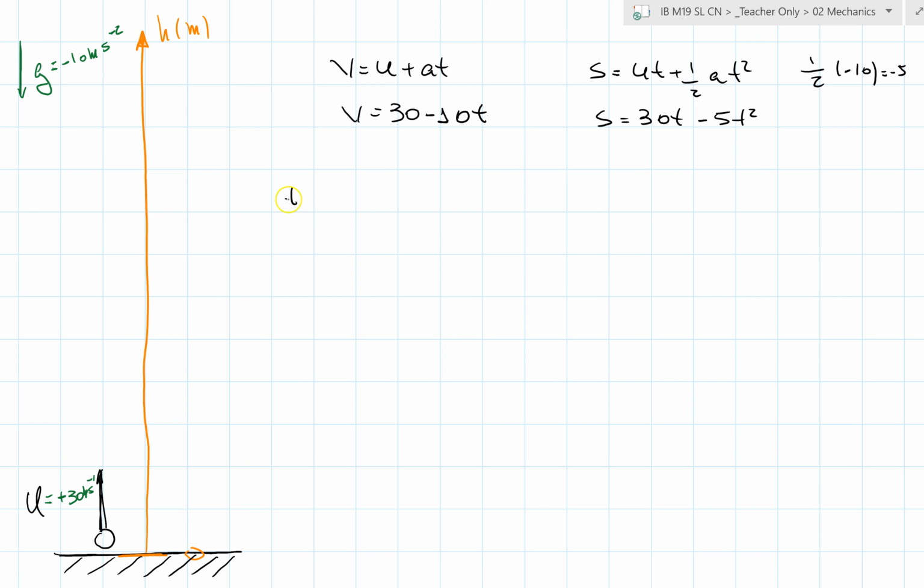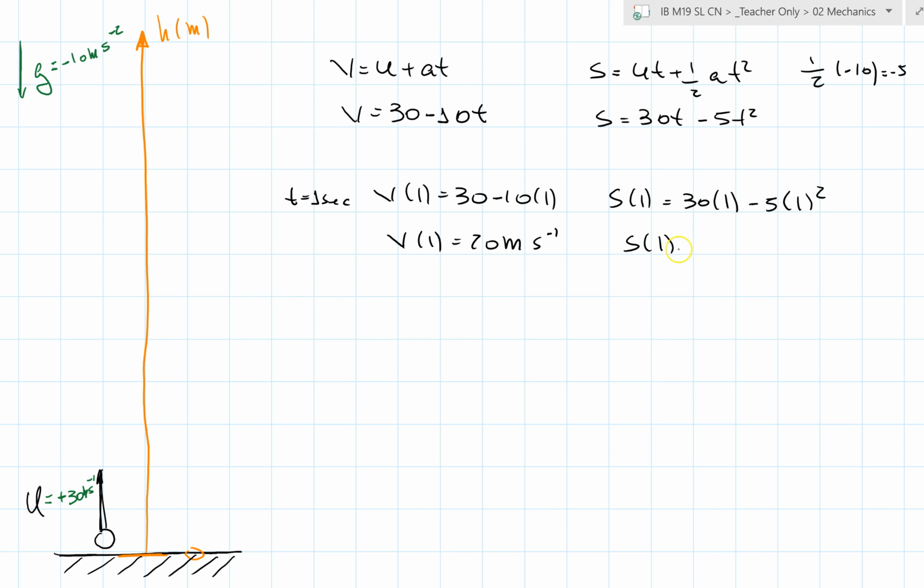So for t equals 1 second, v of 1 is going to be 30 minus 10 times 1. So v of 1 is 20 meters per second. And s of 1 is going to be 30 times 1 minus 5 times 1 squared.